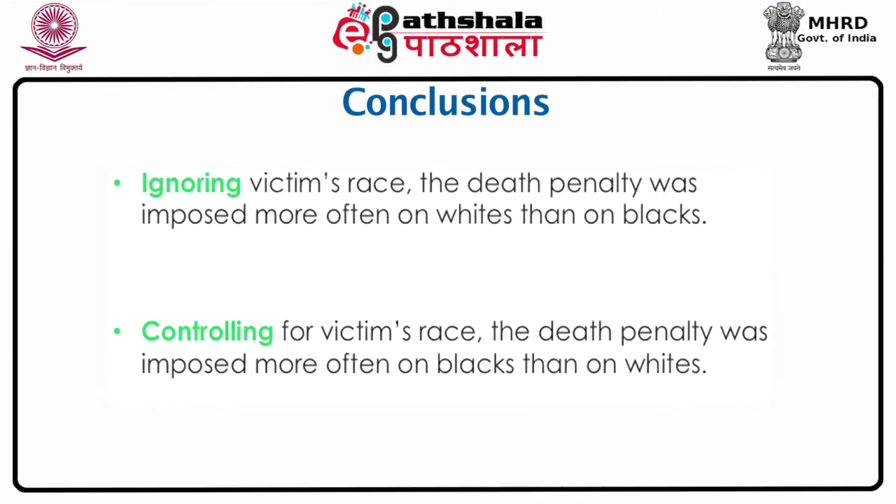If I control for victim's race, which is what I have done in my partial tables where I have disaggregated the data by the race of the victim, then my conclusion is that the death penalty is imposed more often on blacks than on whites. So these two are contradictory conclusions, and indeed it is this contradictory set of conclusions which we call Simpson's paradox.